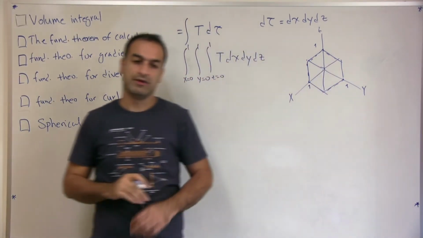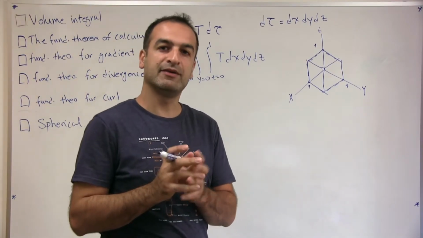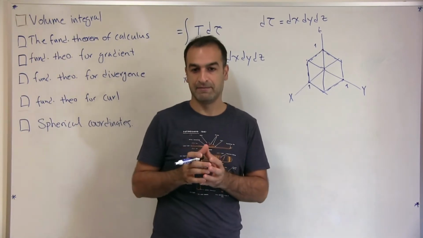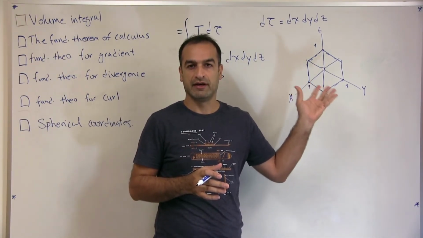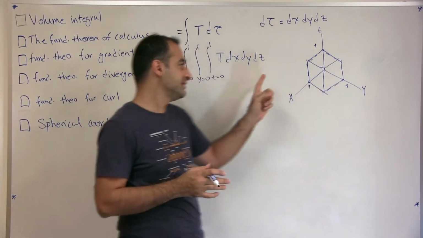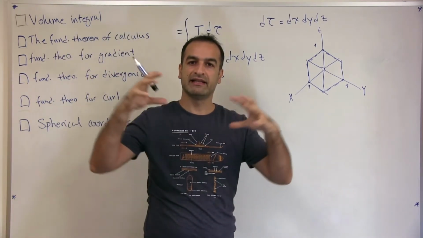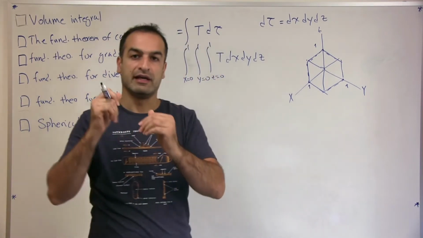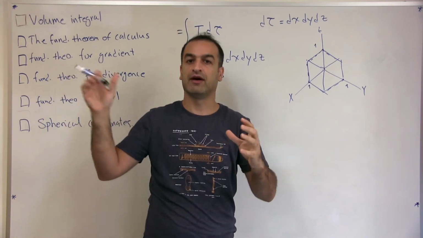So the limits are important, and depending on what kind of shape you have, the limits can be tricky as well. Imagine instead of a cube, we want to integrate over a sphere. Then we cannot simply say from 0 to 1. We should define the limits in a way that they stay within a sphere, and the definition of that is x squared plus y squared plus z squared; if you add them up, that should be r squared.